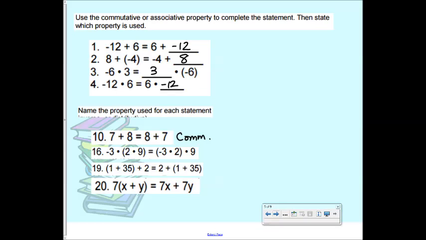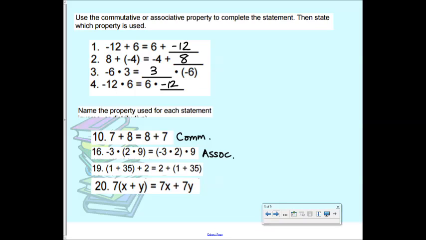What about this one? Okay, gut reaction is associative. Why? Because you saw parentheses. Did the order change? No, so the order doesn't change, so it's associative, because what's in the parentheses here? 2 and 9. What's in it here? 3 and 2. So the associative property is when what's inside the parentheses changes.